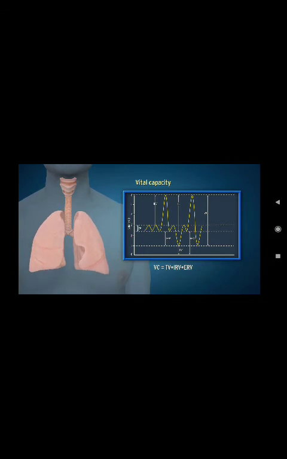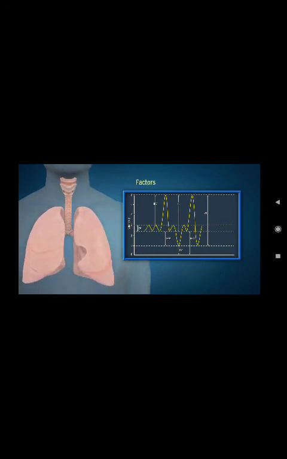It is computed as tidal volume plus inspiratory reserve volume plus expiratory reserve volume. In normal adult male, it is about 4600 milliliters, and in normal adult female, it is about 3100 milliliters.